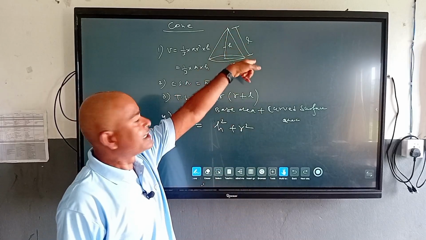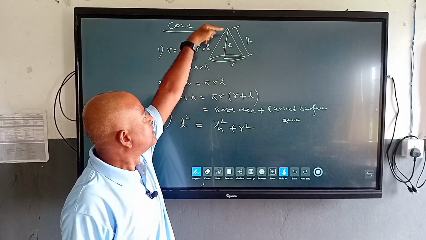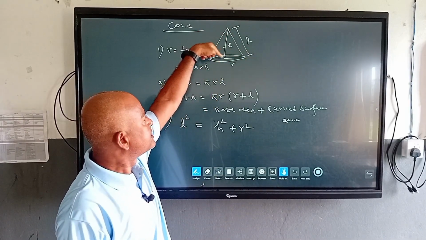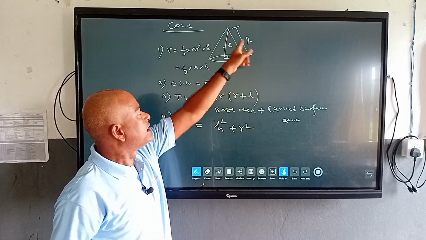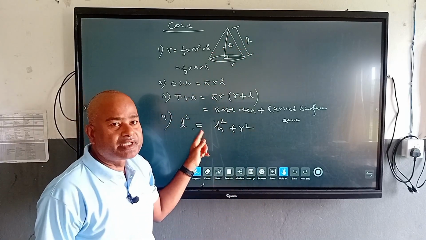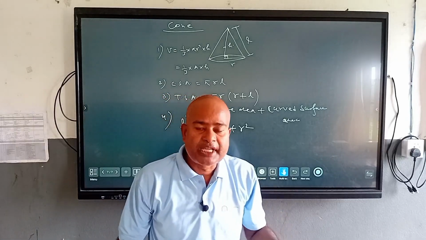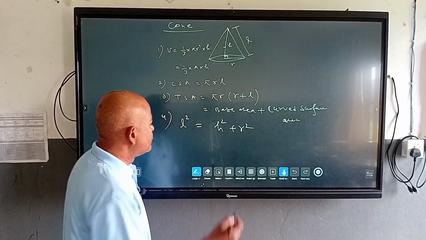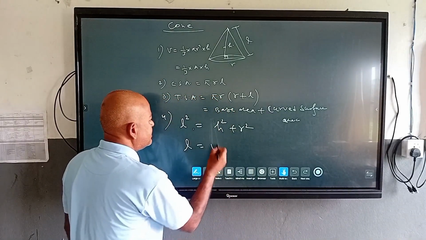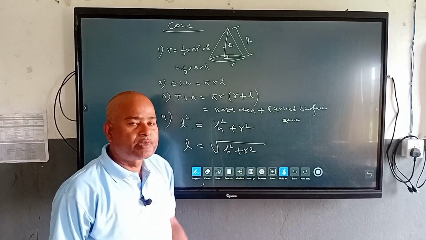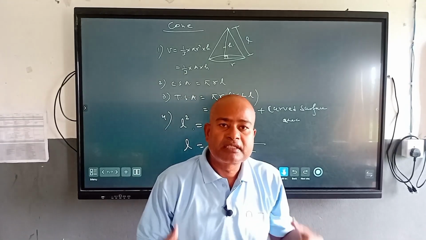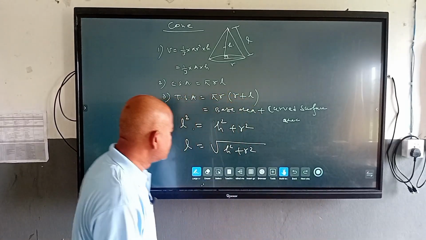The relation between slant height, that means L, vertical height, that means h, and the radius of the base r is given by the formula L square is equal to h square plus r square, which we can also write as L equals root of h square plus r square. So by using this formula, we can find the slant height of a cone.